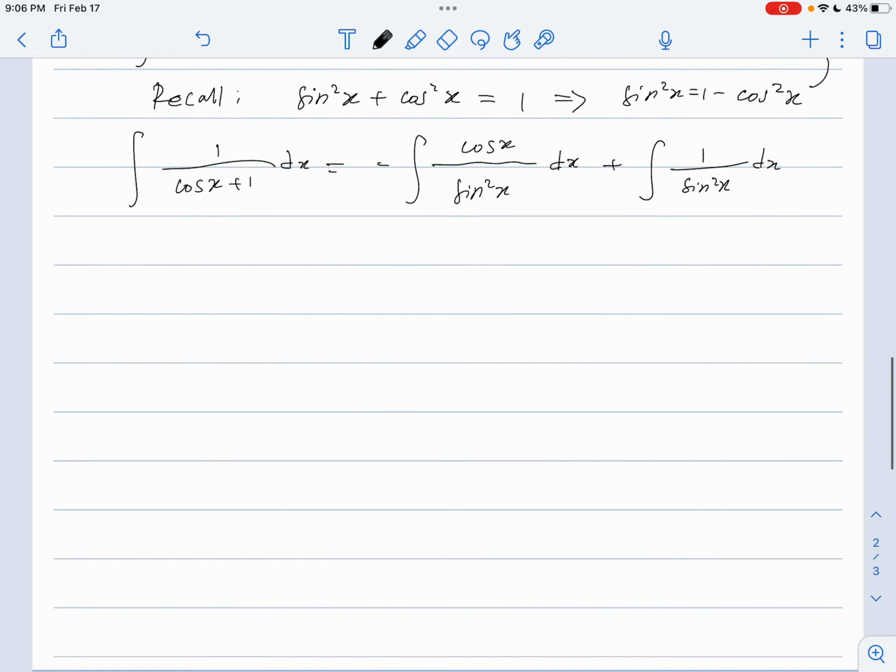So let z be sine of x, then we get that dz is equal to cosine x dx. This is obvious. So we can write it down again to make sure everything is clear.